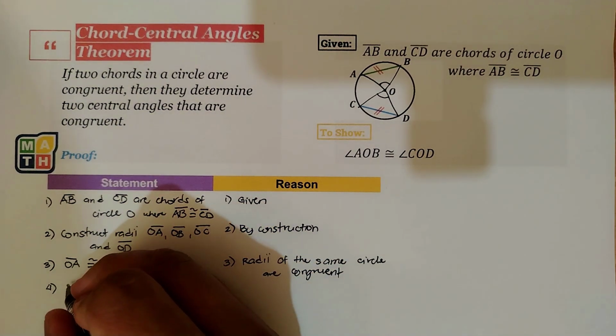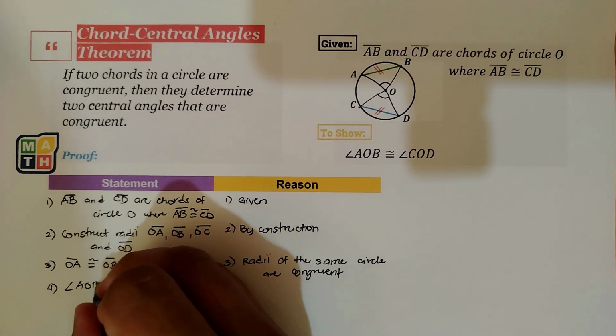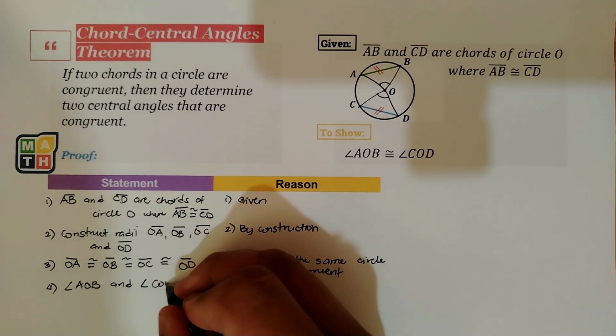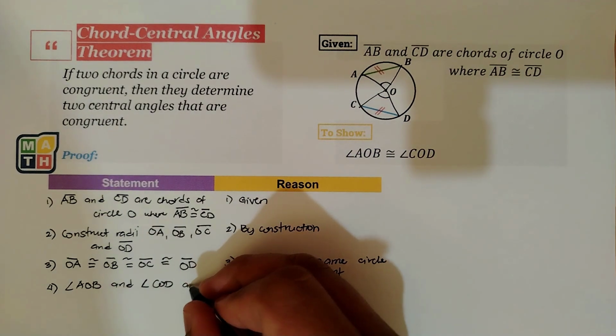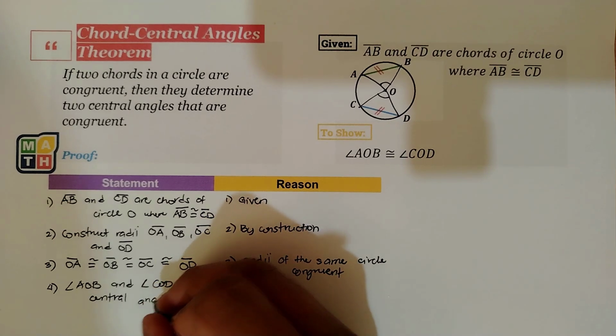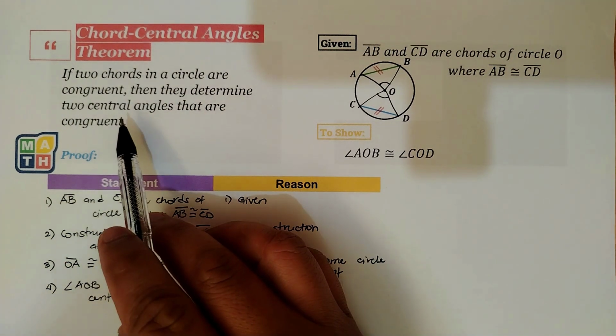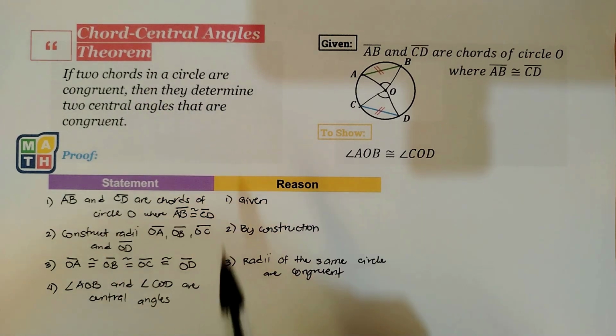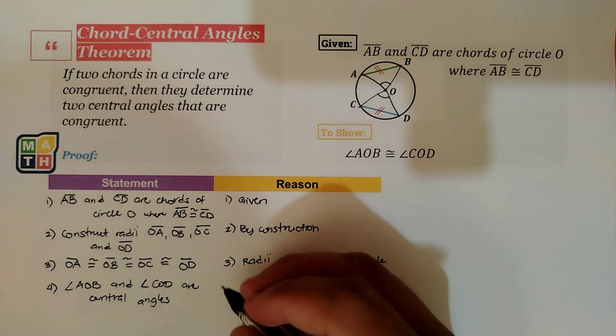We have here angle AOB and angle COD. These angles are central angles. We need to establish this statement because what is given here in the item we're trying to prove is central angles. So let's also make sure that they are central angles.